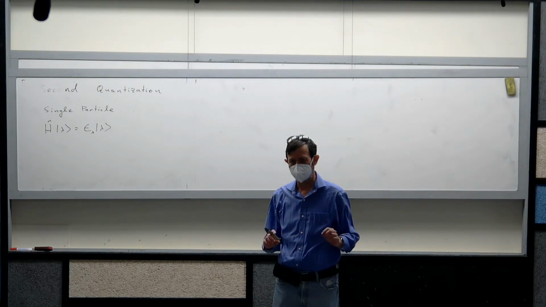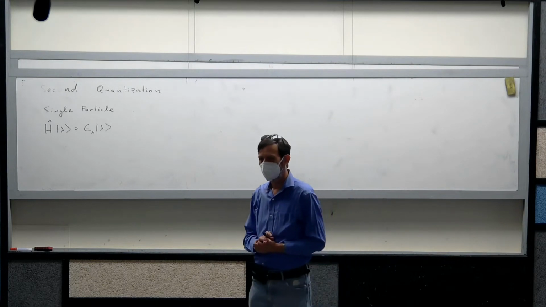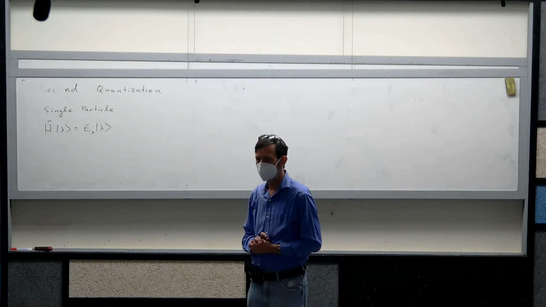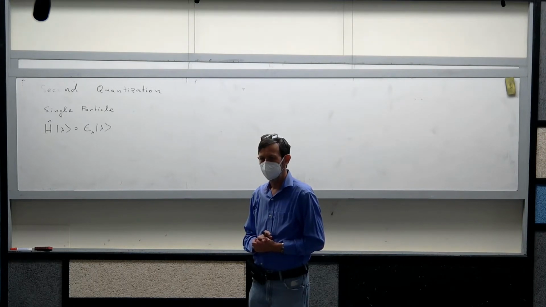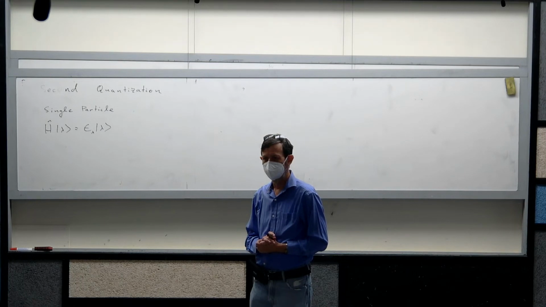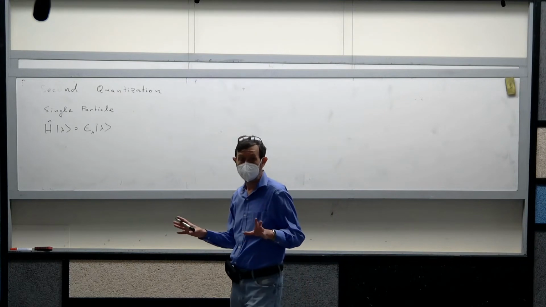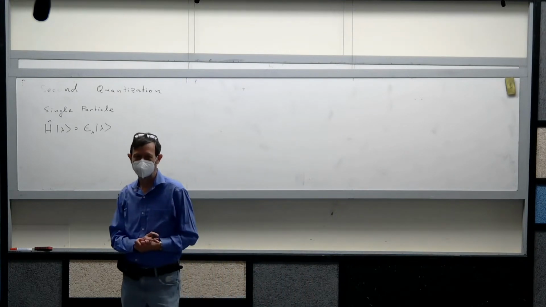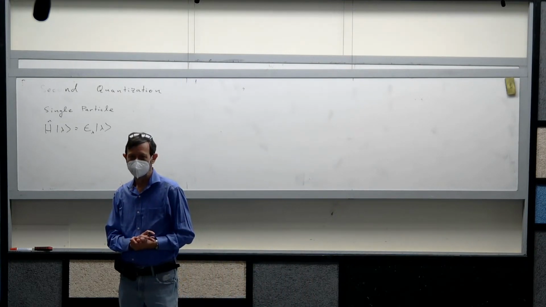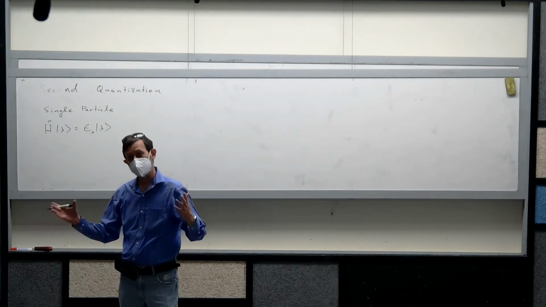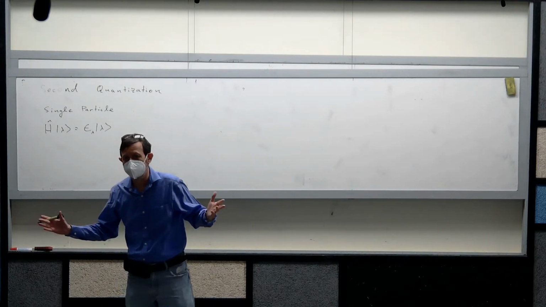Someone can tell me when it's exact and when it's not exact? Perhaps I'll remind you that there are two types of particles: bosons and fermions. For bosons, completely exact.